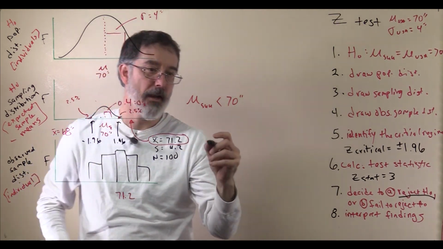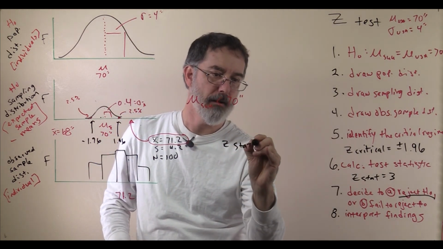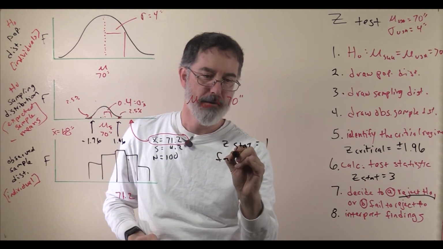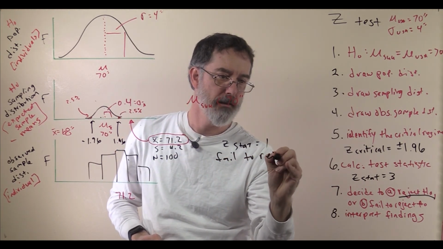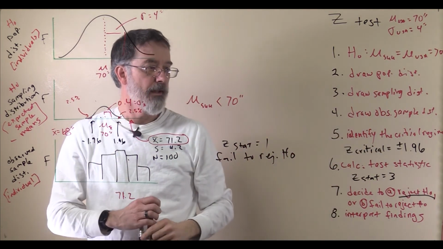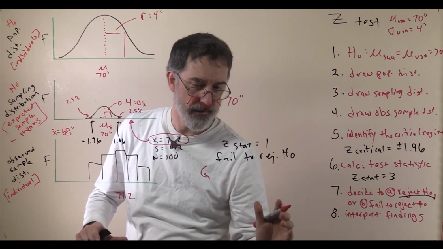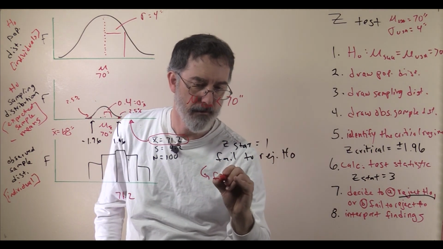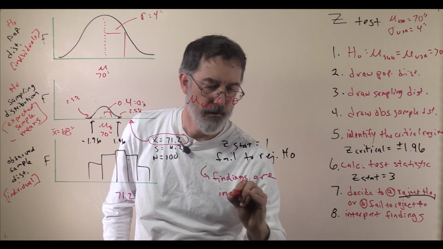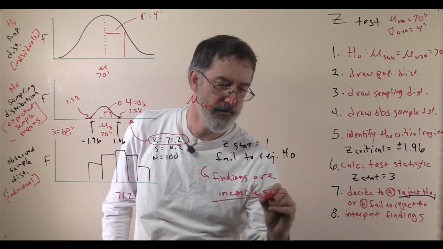But let's say we got a z statistic of 1, like we were talking about a little bit ago. There we would have had to fail to reject the null hypothesis. We didn't have enough evidence to suggest this was wrong. And there the interpretation is that the findings, the study, the results are inconclusive.